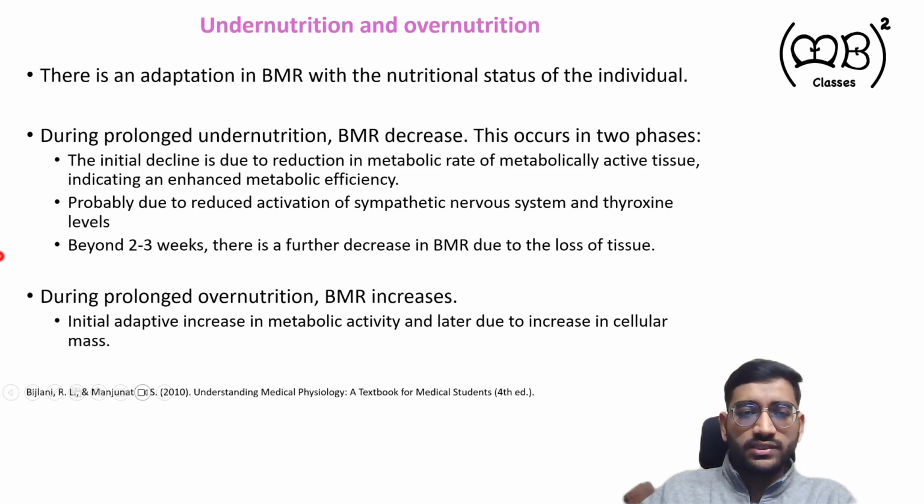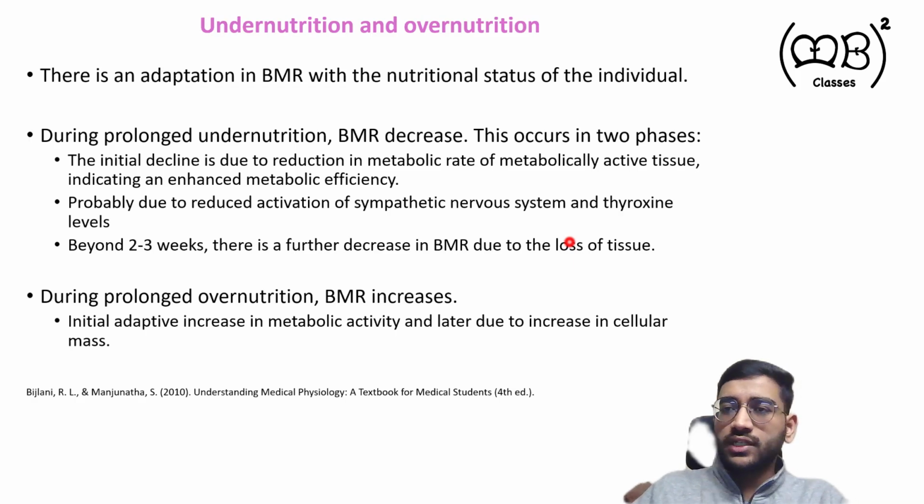For the later decline, you can easily understand that beyond 2 to 3 weeks, there is a decrease due to loss of tissue because of prolonged undernutrition or starvation. The body would lose weight, like we discussed in negative energy balance, and this would eventually cause a decrease in BMR.